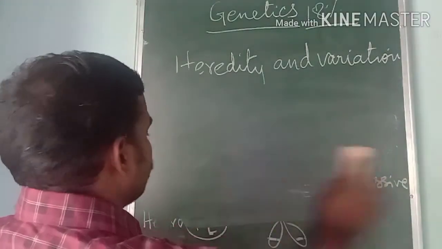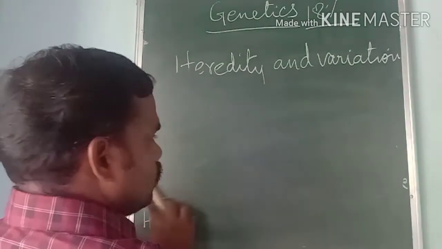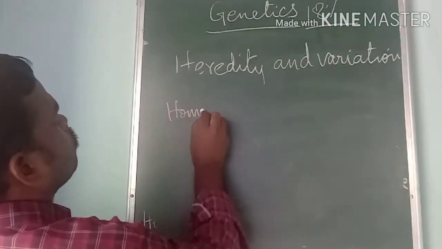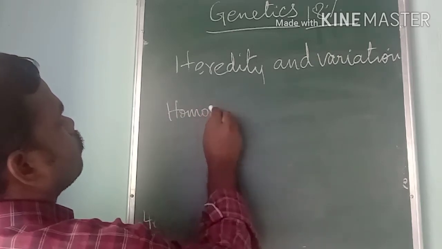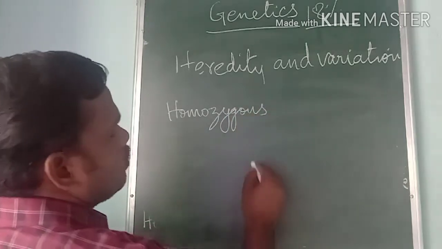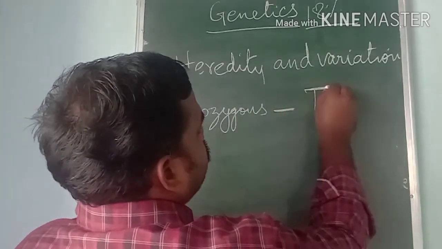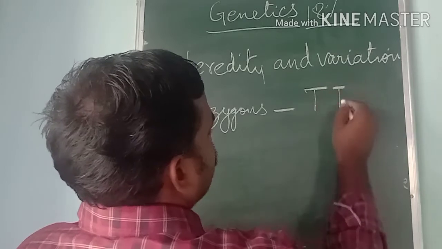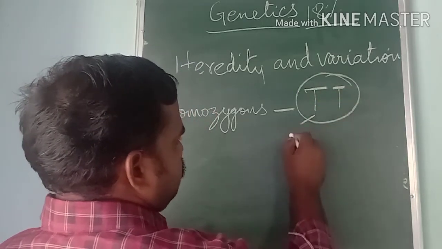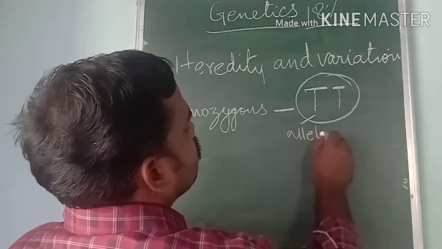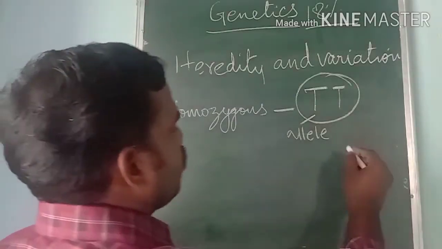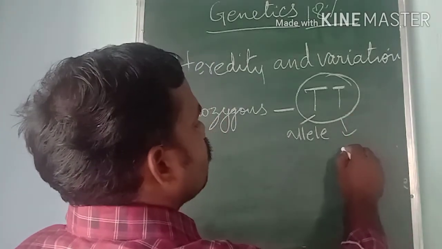Homozygous and heterozygous. Clear? So in the case of homozygous, this is the allele factor, a pair of alleles that are the same, so it is homozygous, and this trait is tallness.